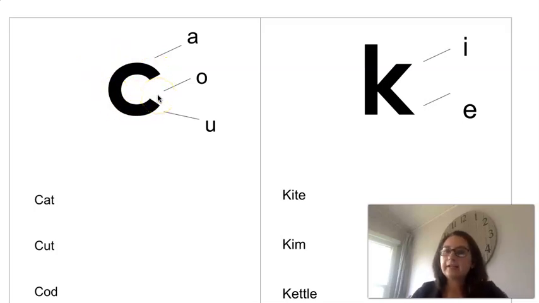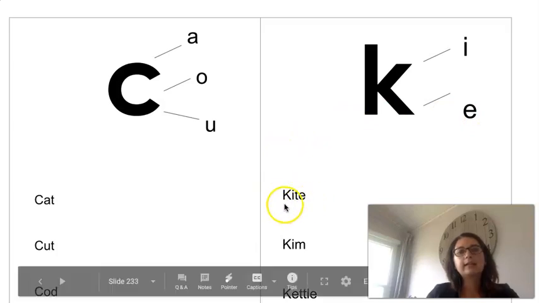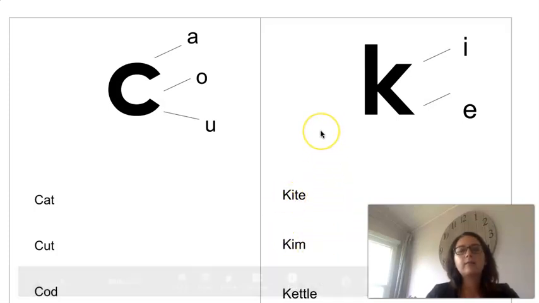Now let's look at the letter K. K is always followed by I or E in a syllable. So K-I-T-E, kite. Kim, and then we have the word kettle.